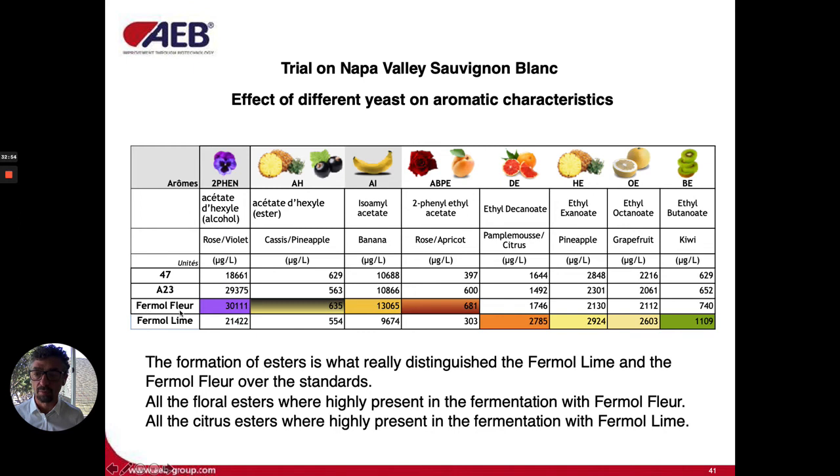The Fermol Fleur, so the Fermol Tropical, in this study we represent only the Fermol Fleur, is more capable of producing acetate esters derived from the degradation of the amino acids, so more in the red fruit, tropical, pineapple, banana kind of aromatics. So very high, as you can see, certain numbers are particularly high for these two yeasts.